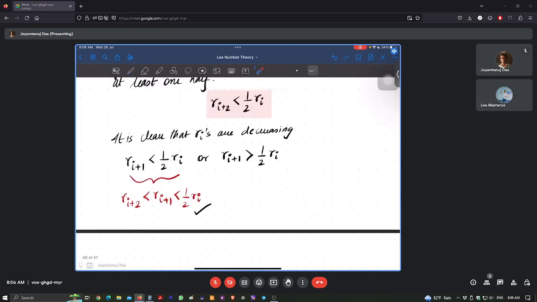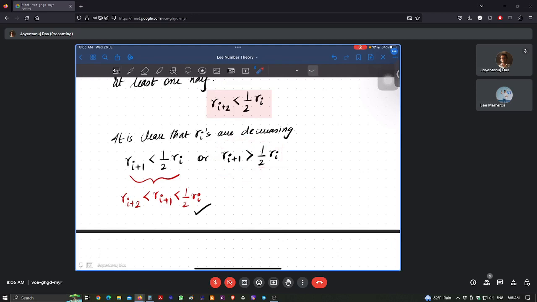Because I have to prove that Ri plus 2 is less than half of Ri. So the only case we have to consider is when Ri plus 1 is greater than half of Ri. This is the case we have to see how to prove.